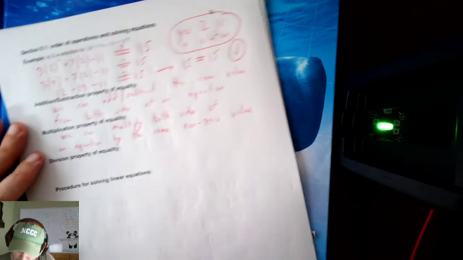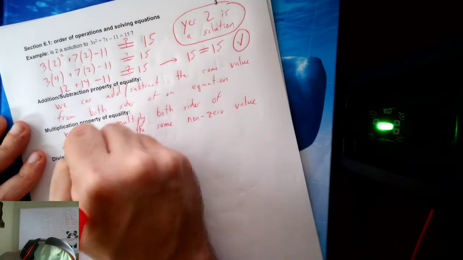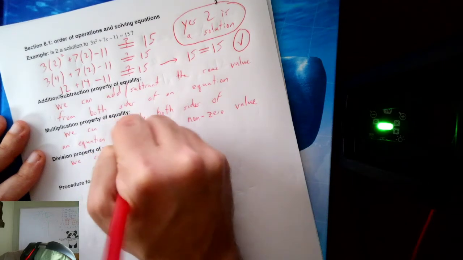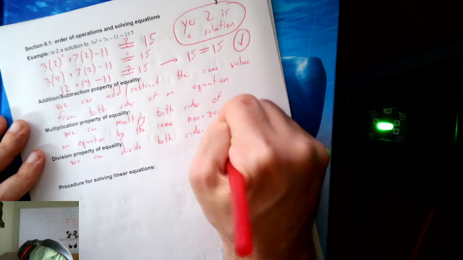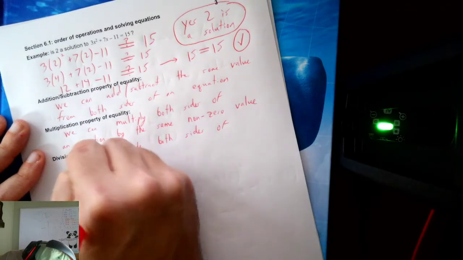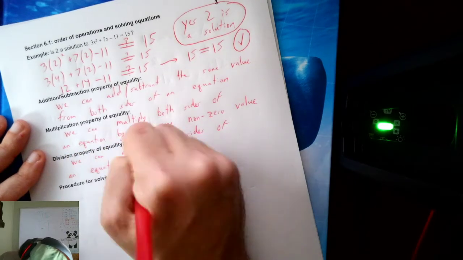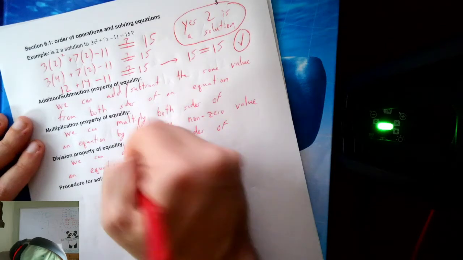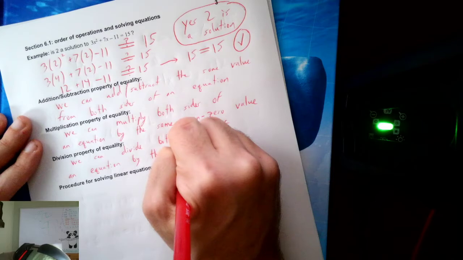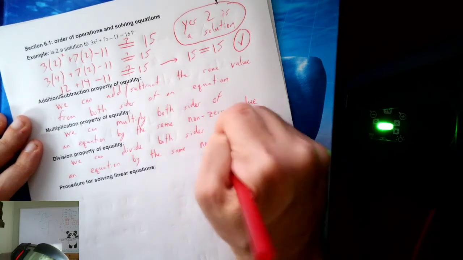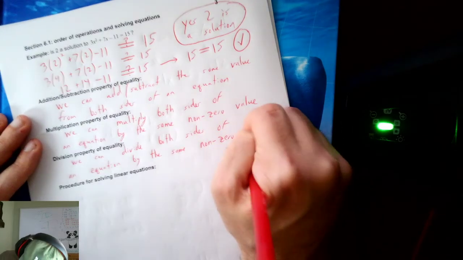The division property of equality says we can divide both sides of an equation by the same non-zero value.